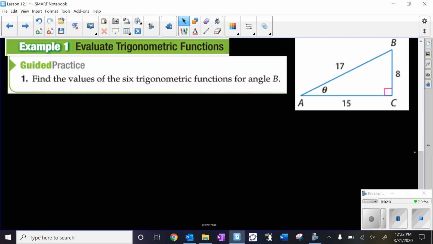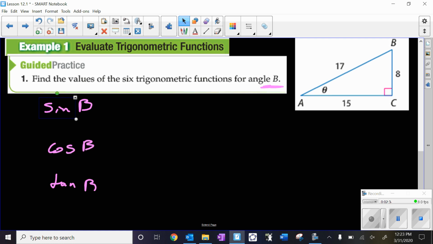So we're going to use those, and now I want to find all 6 trig functions for angle B. So I want to find sine of theta, I want to find cosine of theta, and I want to find tangent of theta. Or actually, no, instead of using theta in this case, I'm just going to say sine of B since they're talking about angle B up here.